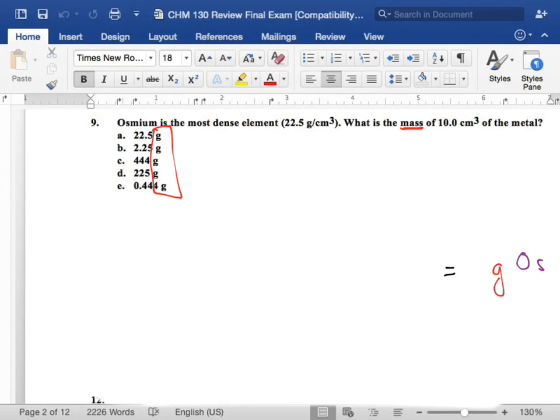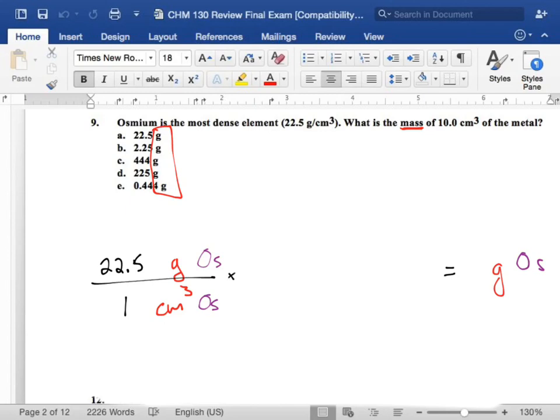So I would probably use that first. I want grams. This was per centimeter cubed. The number that goes with the grams, 22.5. The number that goes with centimeters cubed, 1, so it doesn't change the meaning of the 22.5. Okay. Officially, we do have the substance on there.